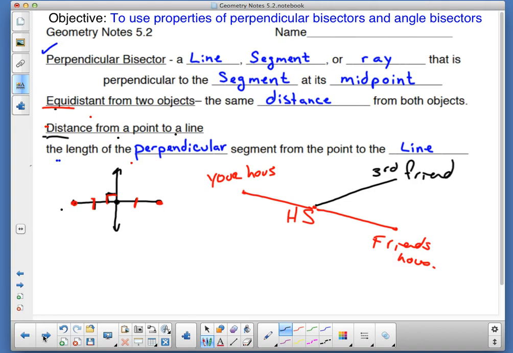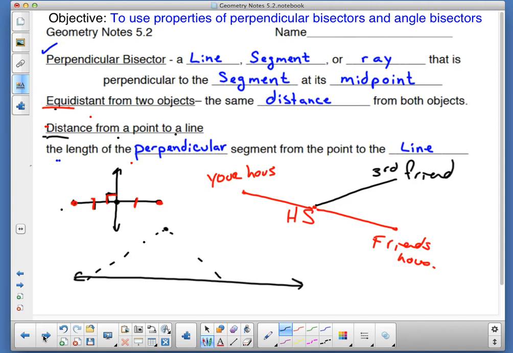Now, keep that in mind as we're talking about the distance from a point to a line. If I'm talking about a distance from a point down to a line, I could say, well, it's this far. Well, it's this far. But let's put it this way.